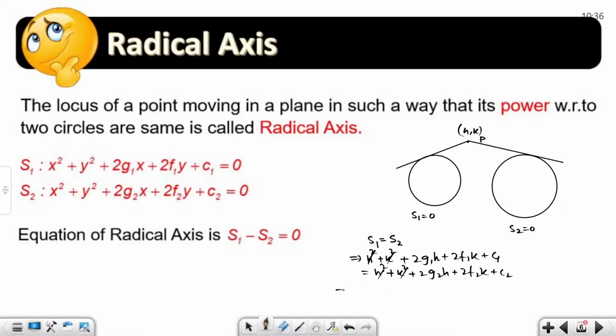So now this thing goes off. So we actually have 2 times (G1 minus G2) h plus 2 times (F1 minus F2) k plus (C1 minus C2) equals 0. Therefore, the equation of the locus, which is basically our radical axis, will be this.